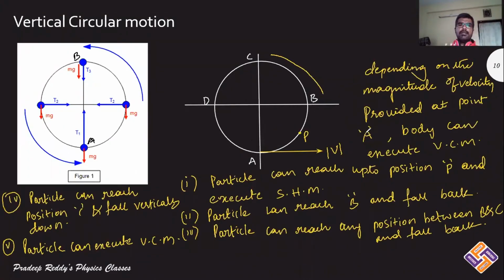These are all the possible conditions when the body is provided horizontal velocity v at position A, depending on the magnitude of velocity v. Now let us find out the minimum and maximum values of velocity for executing SHM, for executing vertical circular motion, and so on.